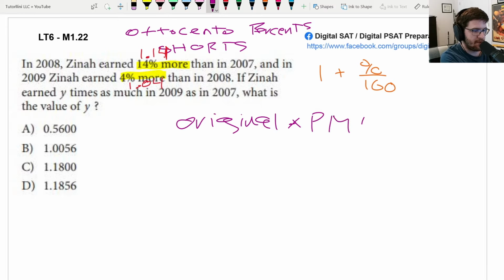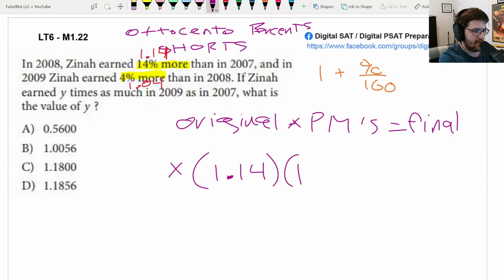Go over that in my Ottocento video and my shorts. And I'm going to say the original, how about we call that X? And then the percent multipliers are consecutive in a row, right? So 1.14 and 1.04 equals the final. And we want to know y times as much in 2009.